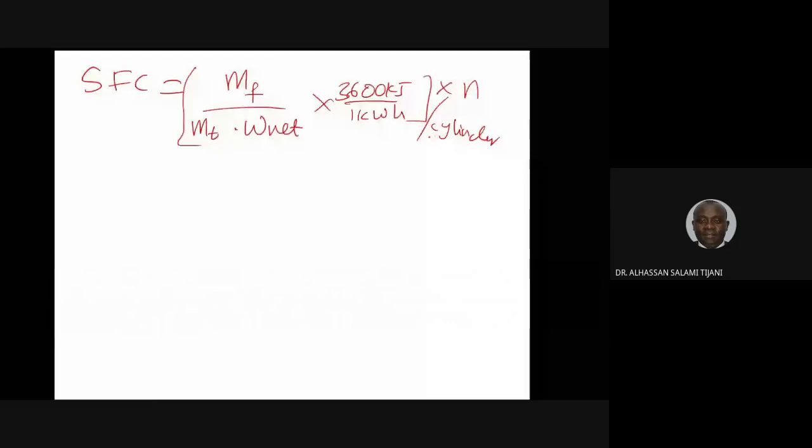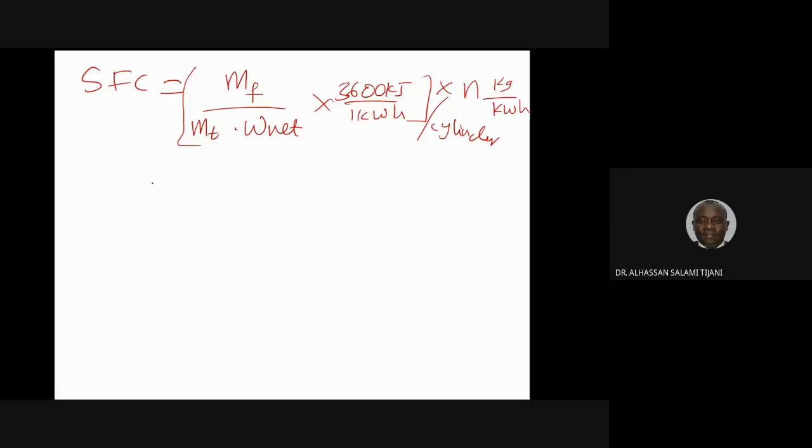So eventually that gives us kilogram per kilowatt hour, right? So now I know the values for the total mass, the net work and the mass of the fuel. I only need to substitute into the main equation.